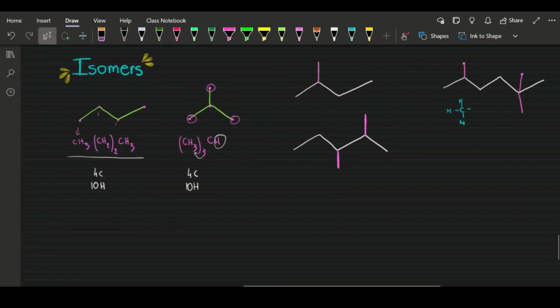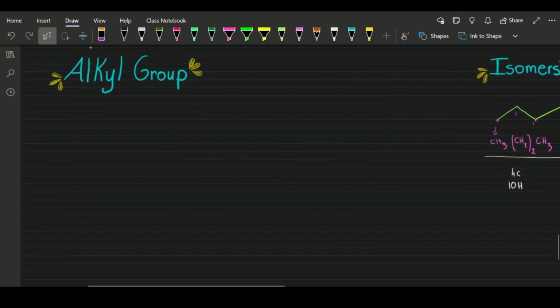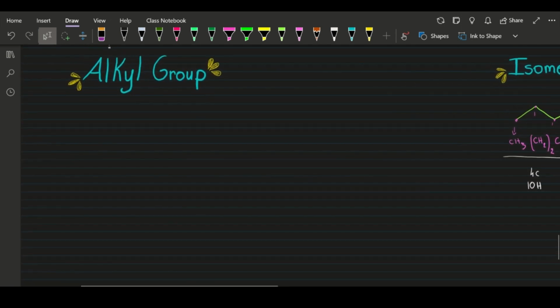now I want to move to the alkyl group. Okay, so what is really an alkyl group? An alkyl group is a functional group that is made out of carbon and hydrogen.